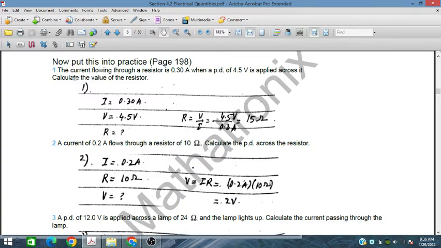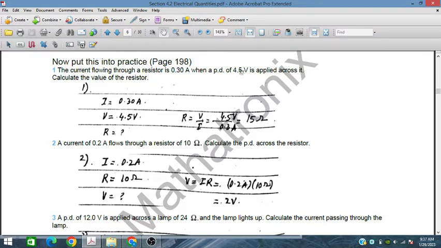Here the current flowing through a resistor is 0.30 ampere when a potential difference of 4.5 volt is applied across it. So we are applying 4.5 volt potential difference across a resistor, and the current flowing through that resistor is 0.30 amperes. Now calculate the value of the resistance.